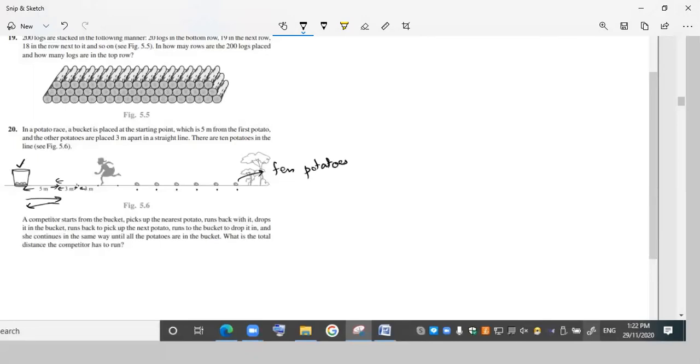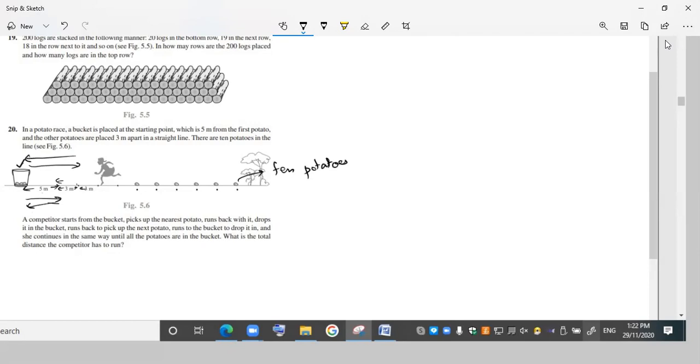How much distance will he or she cover? 5 plus 5, 2 times 5. Then the second time, she has to go up to the second potato, that is 8 meters, and then come back to keep it in the bucket. So every time she has to cover double the distance. Understood? That's why, to pick up the first, second, third, fourth potato, the distances run by the competitor are 2 times each distance.